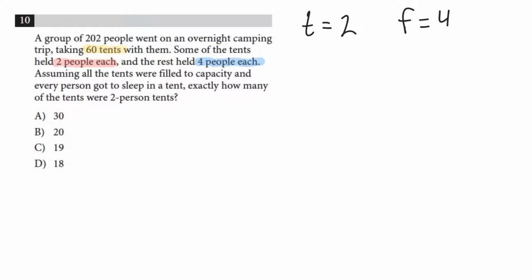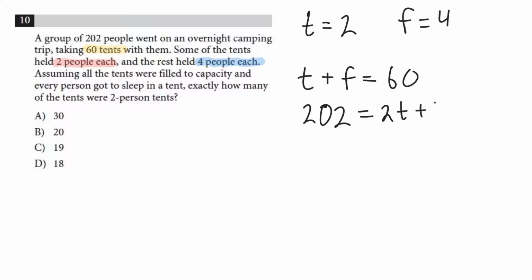So we can say that number of tents T plus the number of tents F equals 60. And we know that the total number of people that came on the trip was 202. Well, that's going to be made up of people that slept in a 2-person tent and people that slept in a 4-person tent. So each 2-person tent held 2 people, plus each 4-person tent held 4 people.